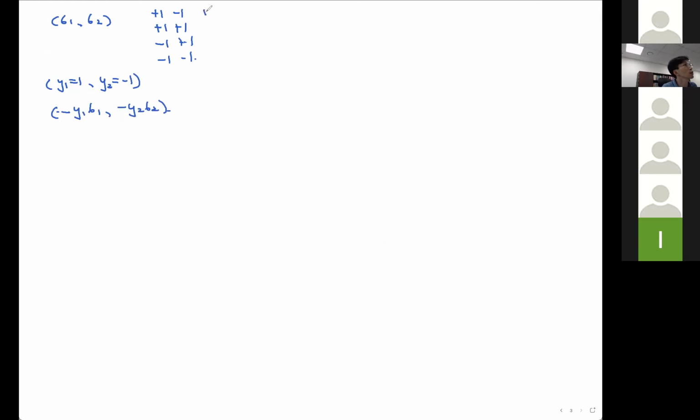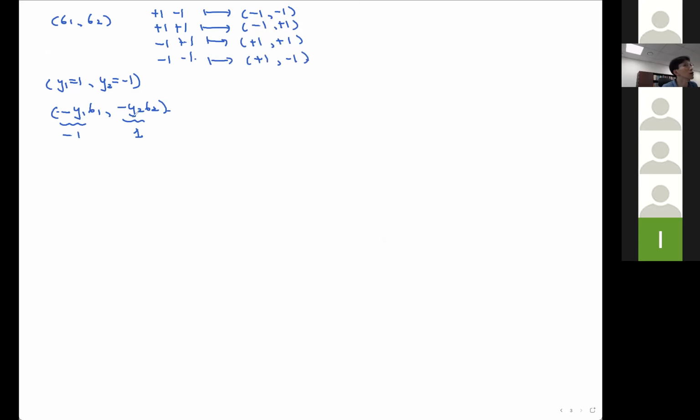The first one will be transformed to minus 1 and minus 1. The second one will be transformed to minus 1 and plus 1. The third, plus 1, plus 1. The fourth, plus 1, minus 1. Then you can see that it's going to be the uniform distribution.